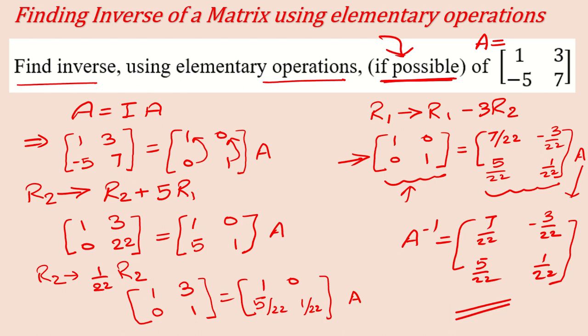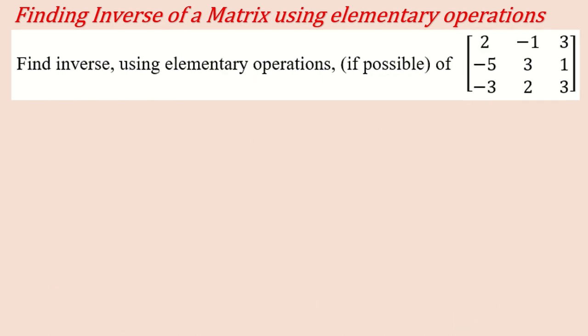Now this was a 2 by 2 matrix. Now let's talk about a 3 by 3 matrix also. For this 3 by 3, there is a hint for you for the sequence of the operation. What is that sequence? I will write here in this matrix only, because I need a bigger space to find this answer.